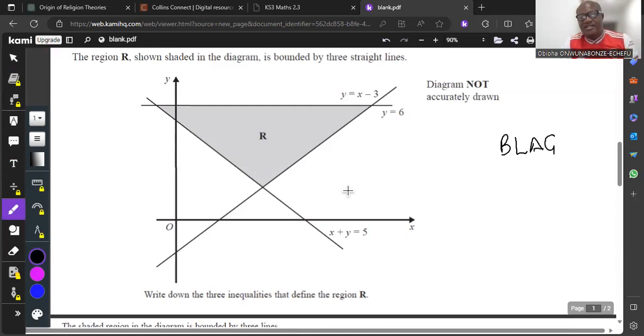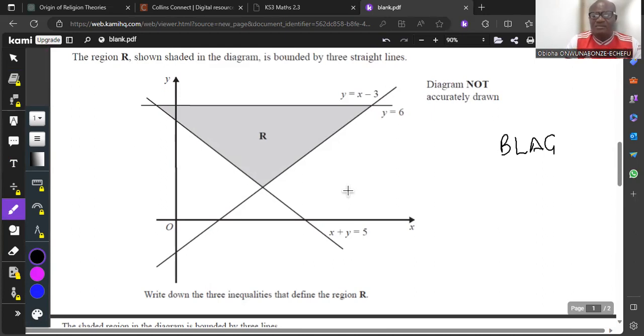BLAG. And in this case, it's talking about when the region shaded is already required. Like here it says the region R shown shaded in the diagram is bounded by 3 straight lines. Write down the 3 inequalities that define the region.